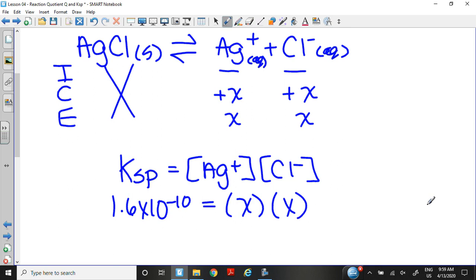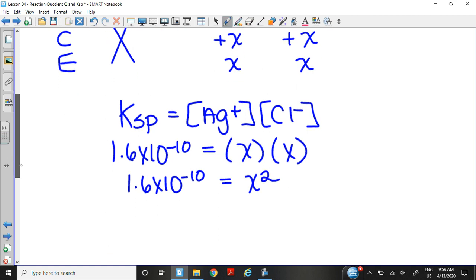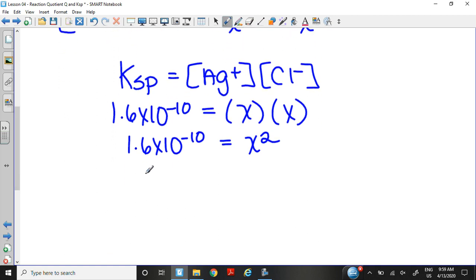Now looking at that, hopefully you can see it's fairly straightforward to solve. A lot easier than some of the other K problems because you only have the two ions. So you end up with something that looks like x squared. So if you take the square root of both sides, you should get x is about 1.26 times 10 to the negative 5.